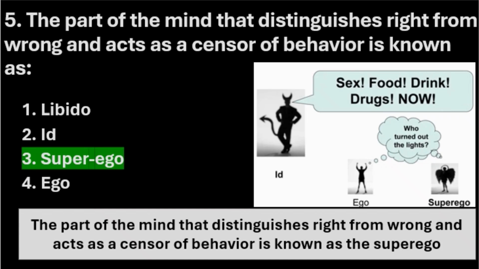Id, superego, and ego are the 3 layers of mind, and here superego is the part of mind that distinguishes right from wrong, or it acts as a censor. The part of mind that distinguishes right from wrong is superego.